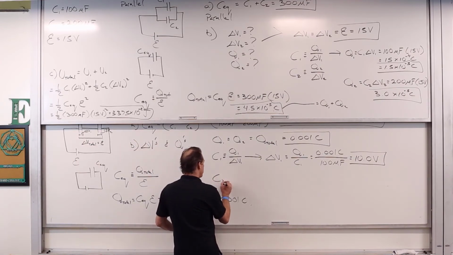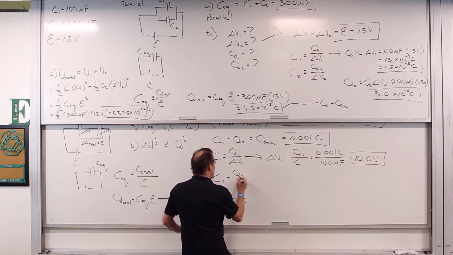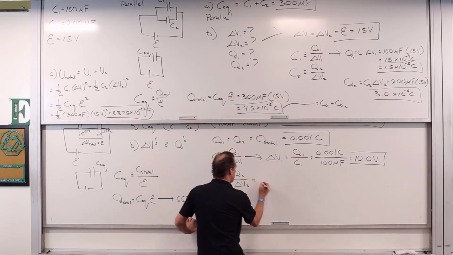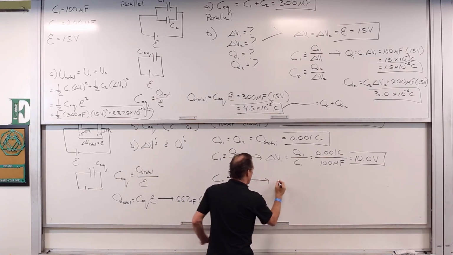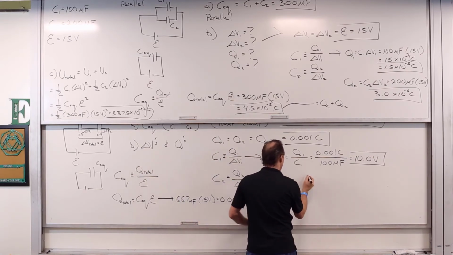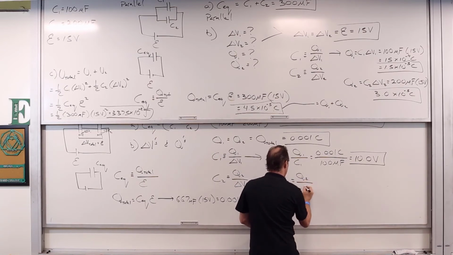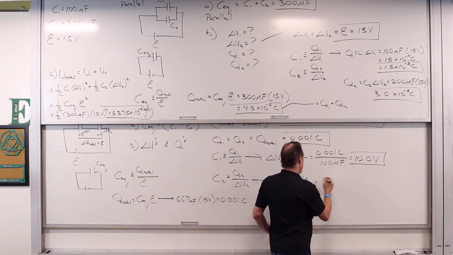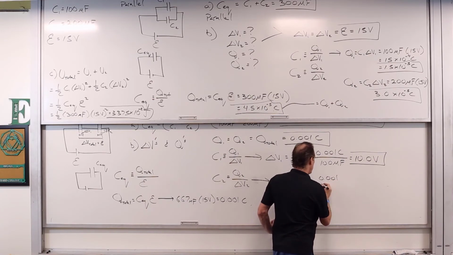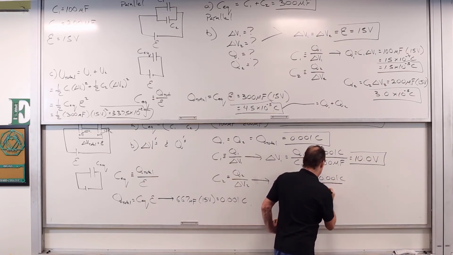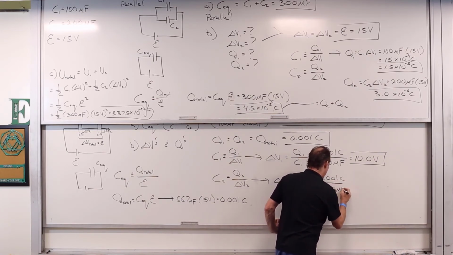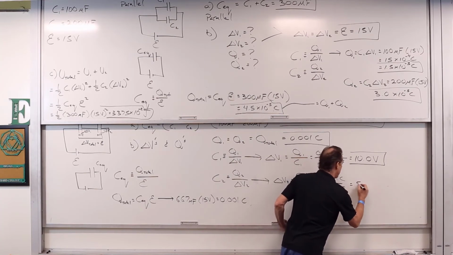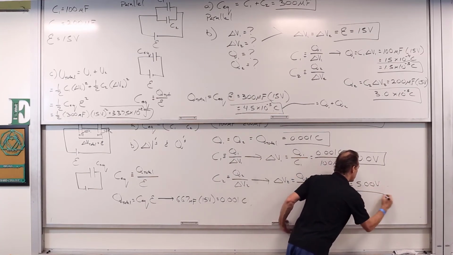All right, that's the potential difference across this capacitor C1. Do the same thing for C2. Q2 over delta V2, which gives us delta V2 is equal to Q2 divided by C2, which is equal to 0.001 coulombs divided by 200 microfarads, which would then be 5.00 volts.